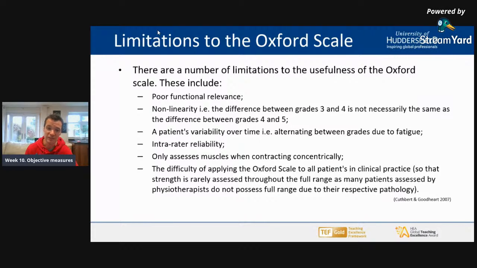And it's very difficult to make sure that the difference between a 3 and a 4 and a 4 and a 5 is equal. So it's not particularly useful for that. And ultimately, we can only ever assess it in terms of a concentric muscle performance, muscle movement. And ultimately, as therapists, we typically want to try and assess other types of muscle contraction.